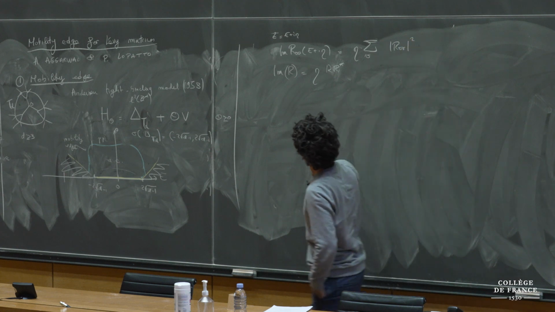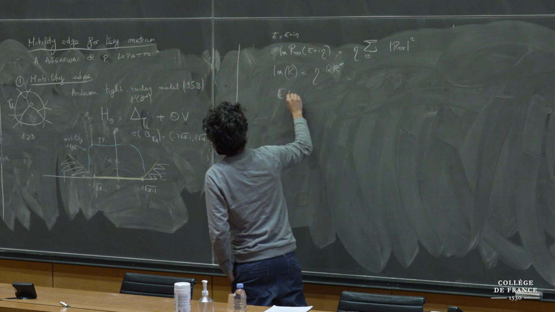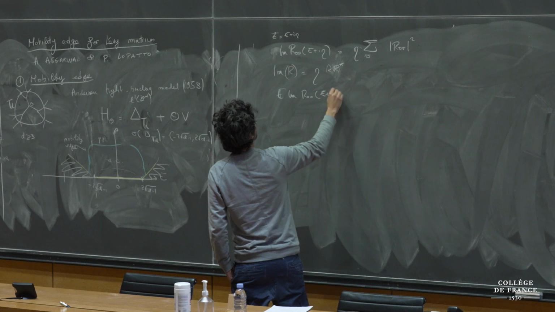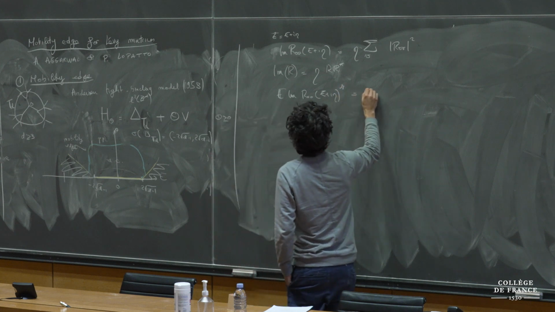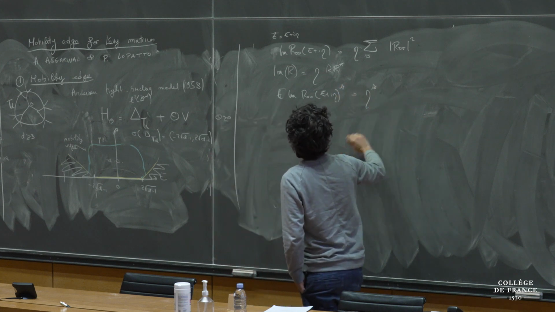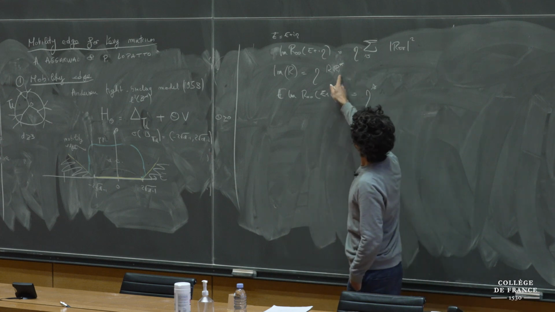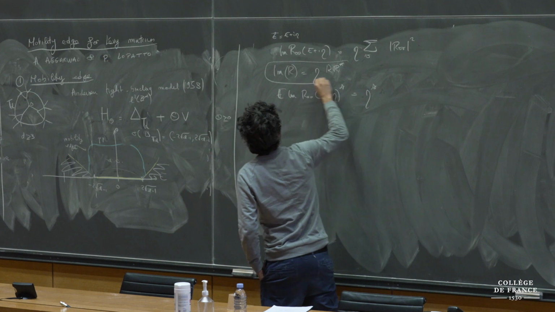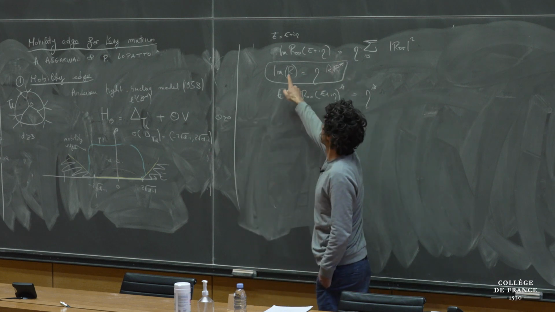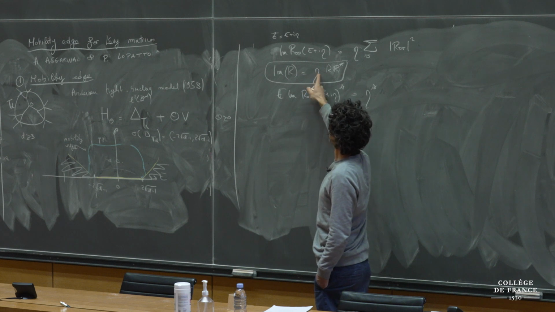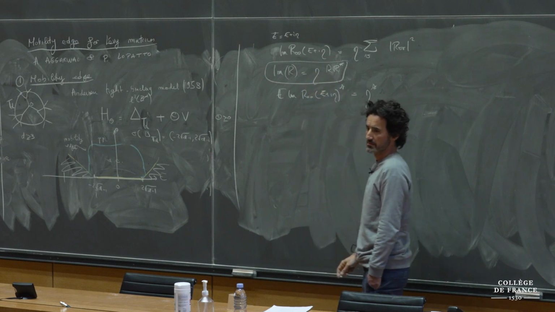So the expectation of this to the power s will be s times... So sorry, the second line is some shorthand notation. The first one is true: the imaginary part of the resolvent is equal to η times R star.